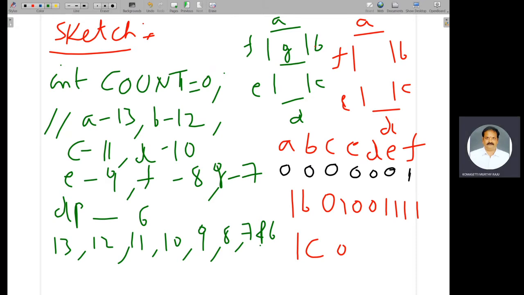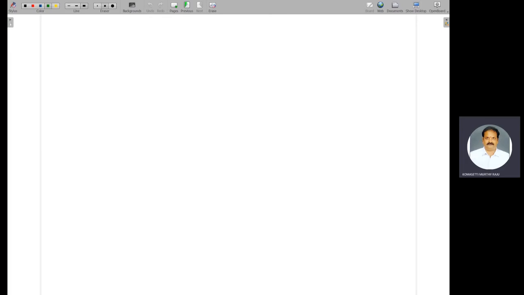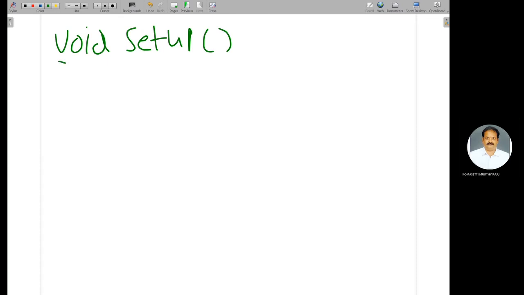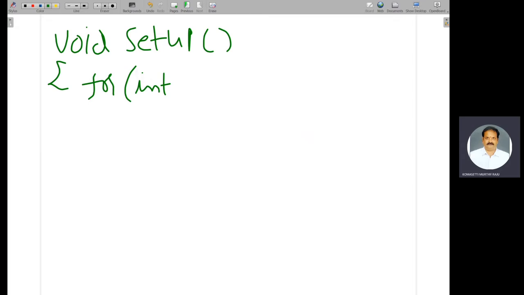Digital pins of that Arduino board. First, you have to define these pin configurations by using this. Integer count 0 completed. Next one is void setup. This one: for integer I is equal to 13, I greater than or equal to 6.